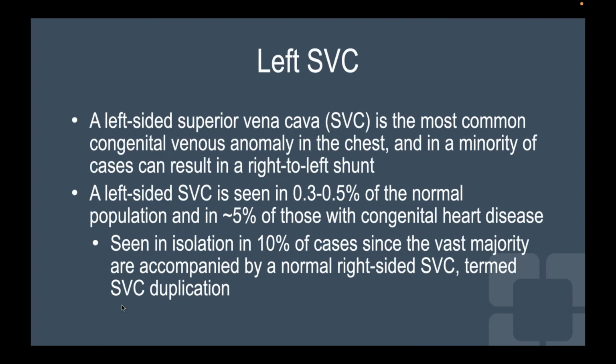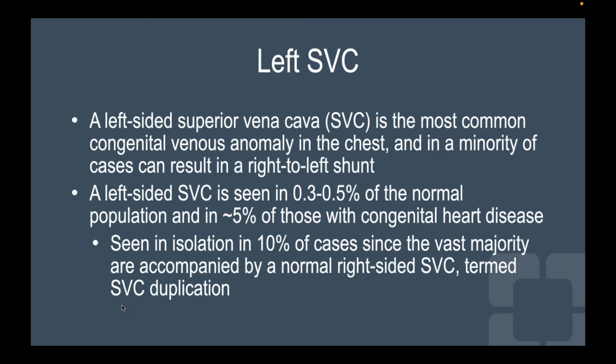And again, just to go over this, I think most of you have heard some of this in one of our cases in the past, but a left-sided SVC is the most common congenital venous anomaly in the chest. A very small minority of cases can result in a right to left shunt depending on where this SVC is terminating.